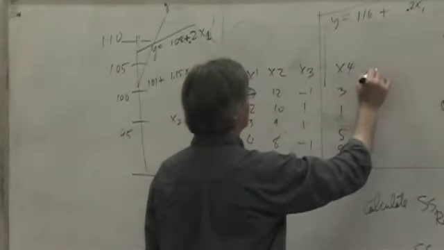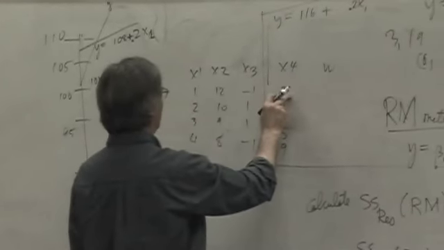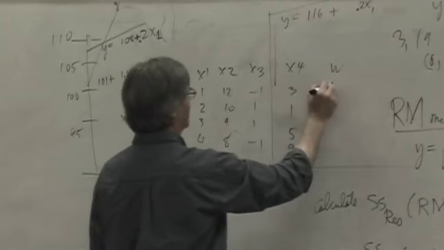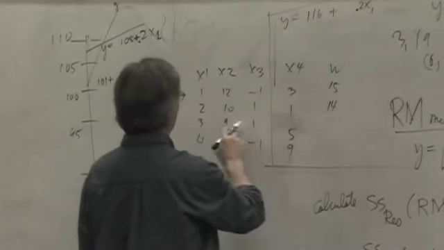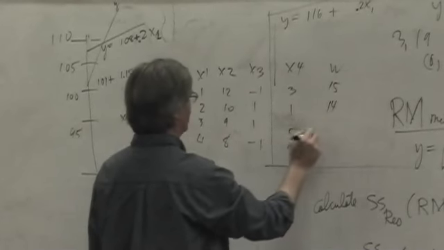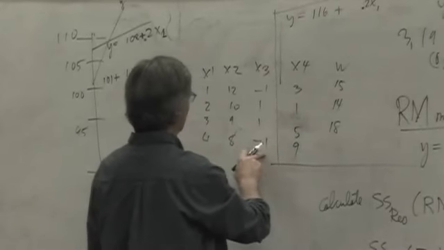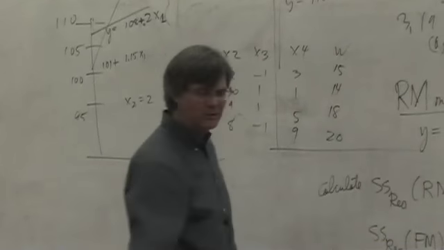Then W was just add this row. 13 minus 1 is 12, 15. 12, 13, 14. 12, 1, 5 is 13, 18. 20. That's my W variable.